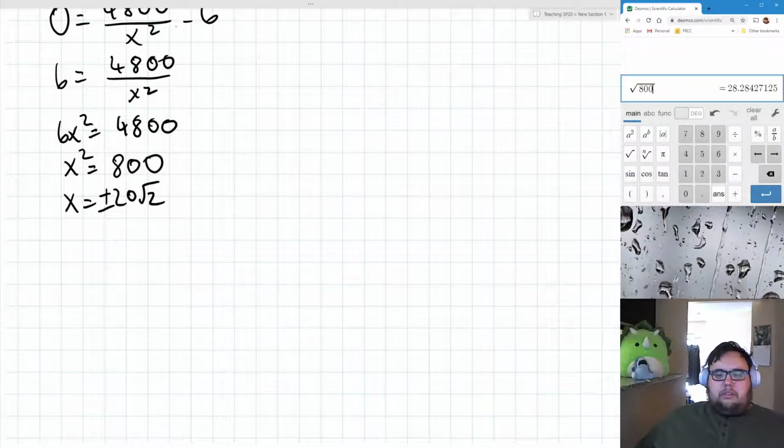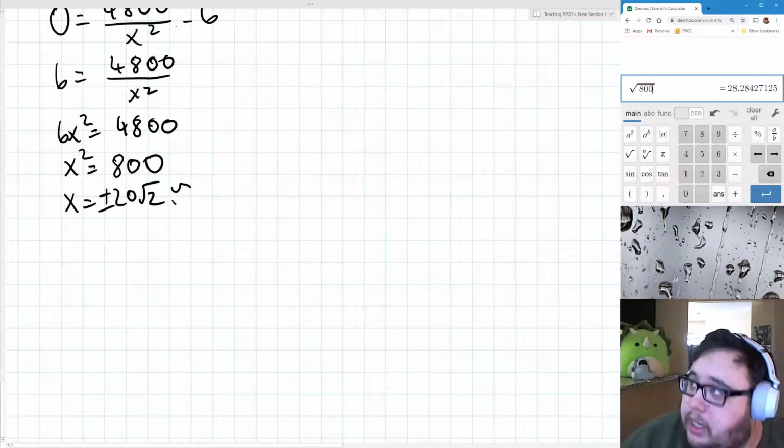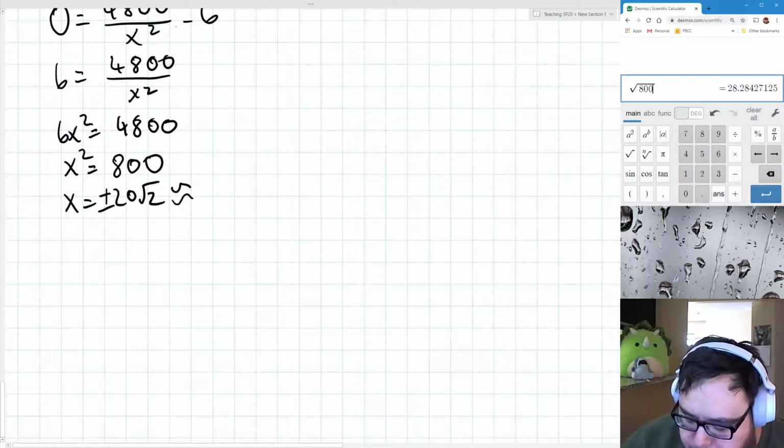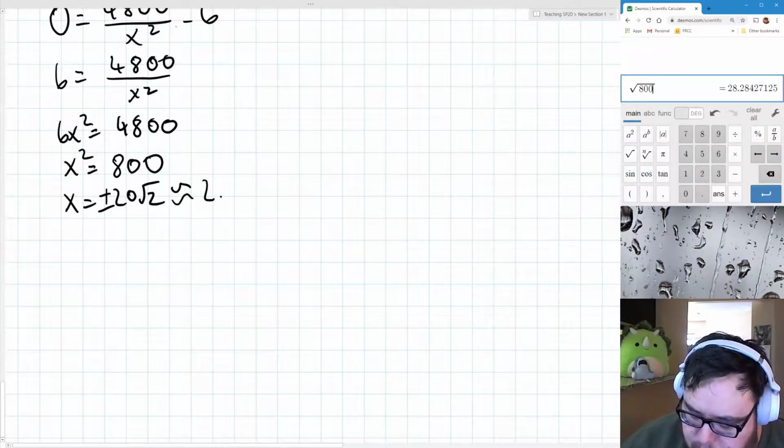No. So we can get rid of the negative one. But you are correct in that algebraically there are two solutions. There should have been two algebraic solutions for the last one as well. But again, we're only dealing with the possible positive ones. Okay. And this ends up being about 28.28 centimeters.